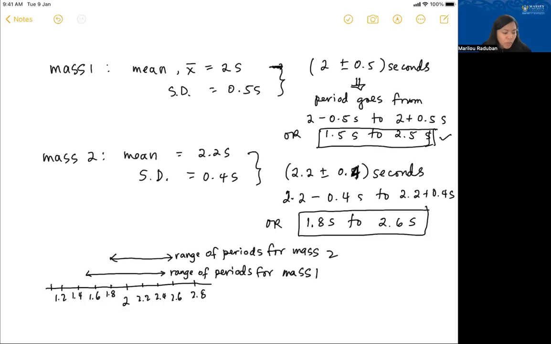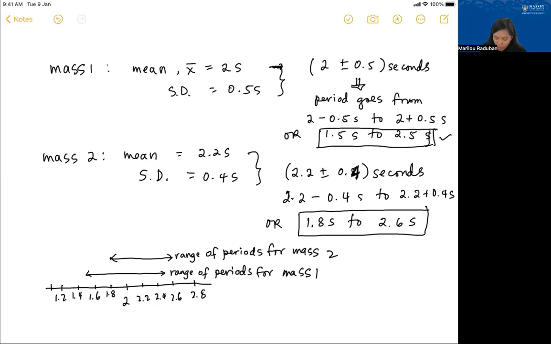So what question 6 is asking is, what is the fraction of overlap? Essentially, question number 6 asks you to quantify the overlap between the two ranges that you have.